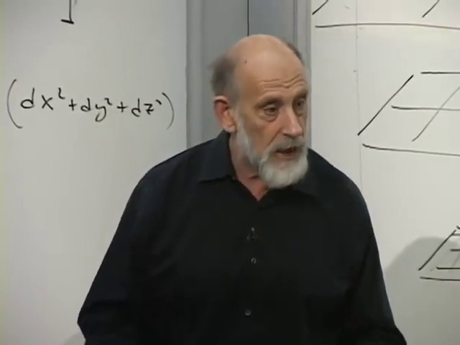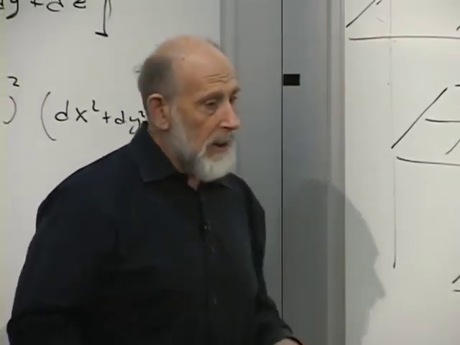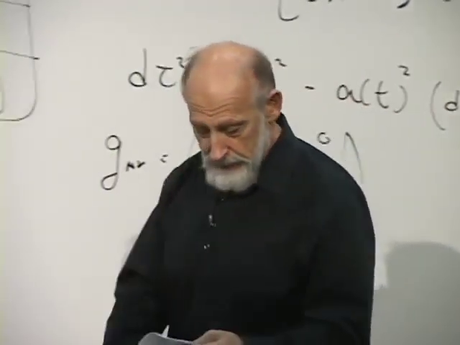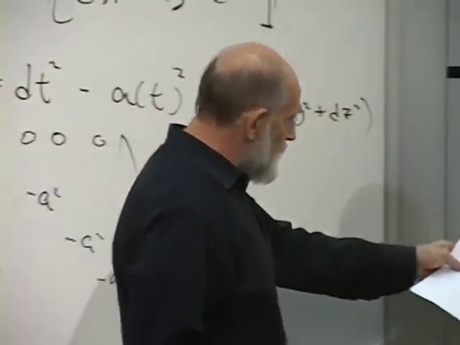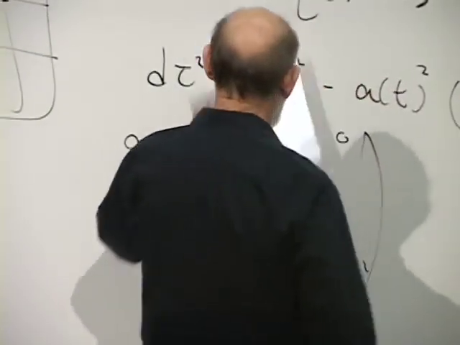This is the way we're assigning coordinates, in such a way that each galaxy has the same coordinate value throughout the history of the evolution. Okay, so this picture goes with this metric.